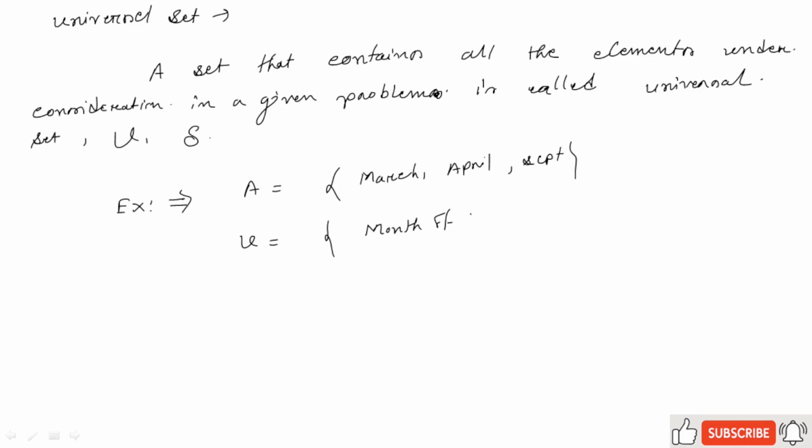Months of the year. Okay. So, if we take a set of natural numbers, then what is the universal set? Please find it out yourself. Please give the answer in the comments. Okay.